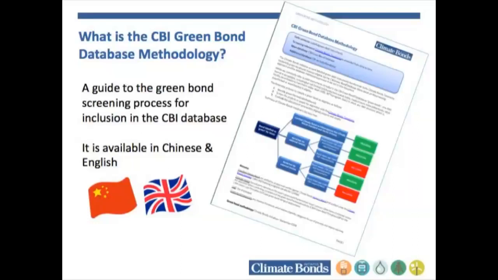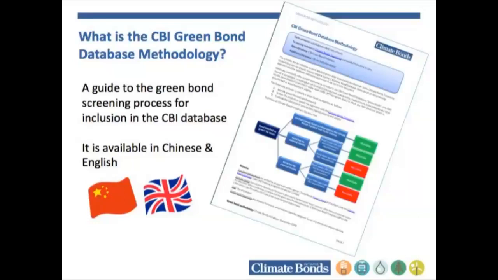So what we do when we look at the green bond universe is we say, okay, we've got a number of sectors that are identified in the Climate Bonds Taxonomy, but we have developed a separate set of criteria to determine which bonds from the labeled universe are most aligned with our taxonomy.